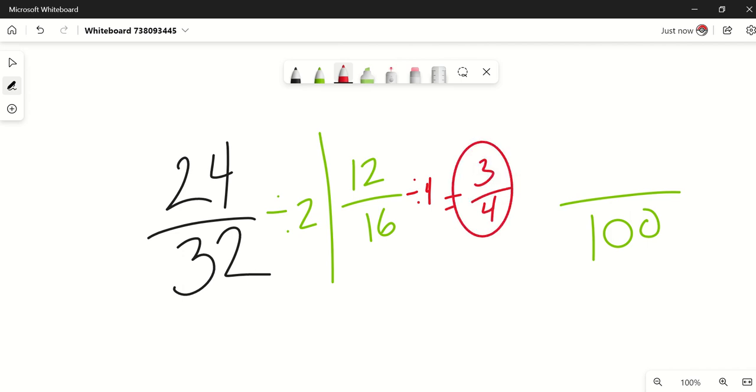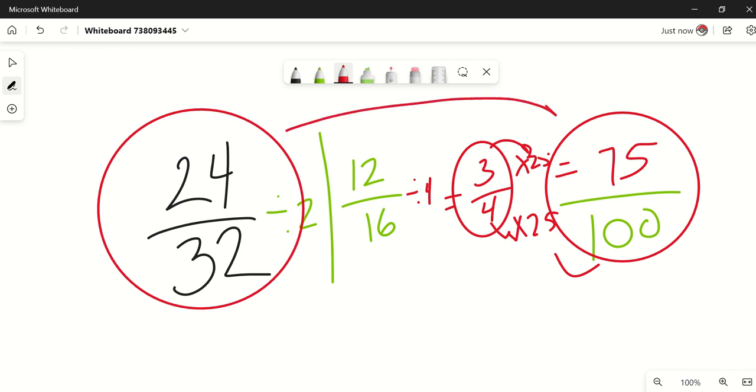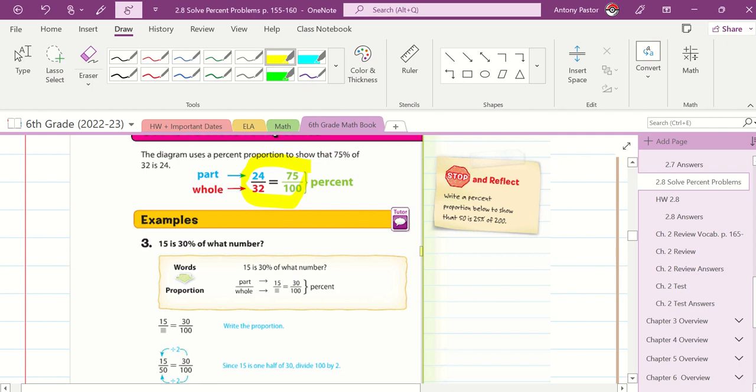I can easily change this into a percentage by multiplying by 25. 3 times 25 will be 75. 4 times 25 will be 100. Therefore, 24 out of 32 is 75%. 75 out of 100. They're equivalent. So 24 is 75% of 32. Moving on. Sorry. Side tangent.